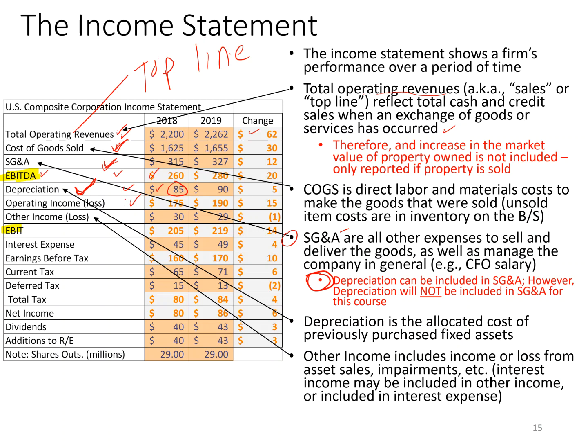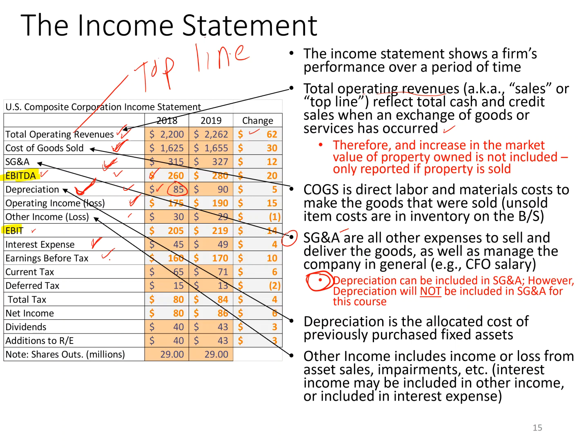So I take my EBITDA, I subtract my depreciation expense. That'll get me my operating income or loss. I'll then subtract any other income or losses, and that'll give me my earnings before interest and tax, EBIT. I'll then subtract interest expense, which may also include interest income, so this might be a net interest expense.